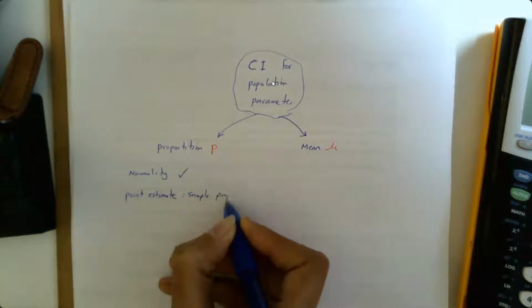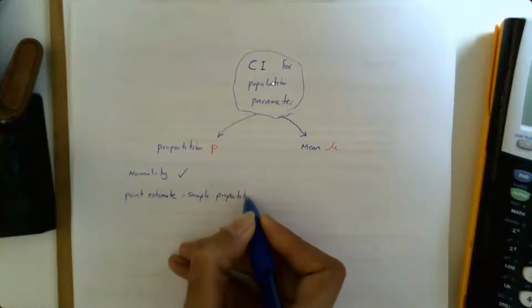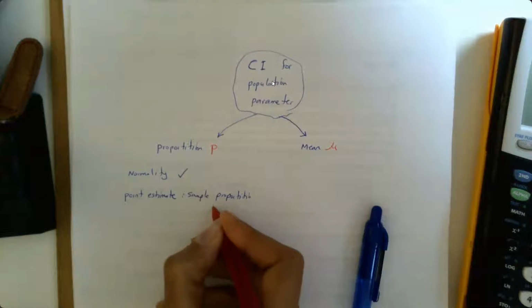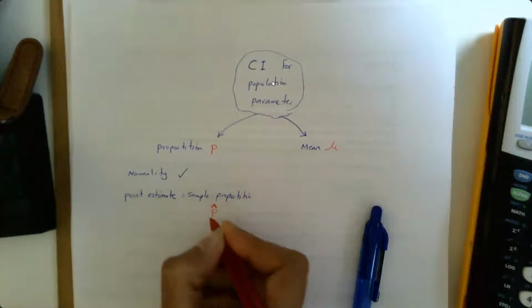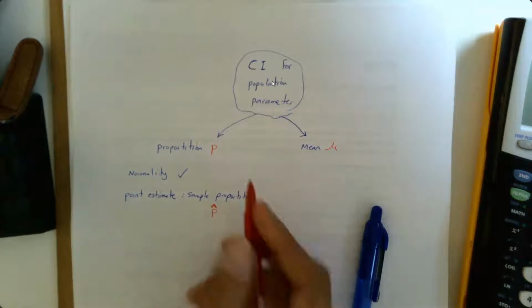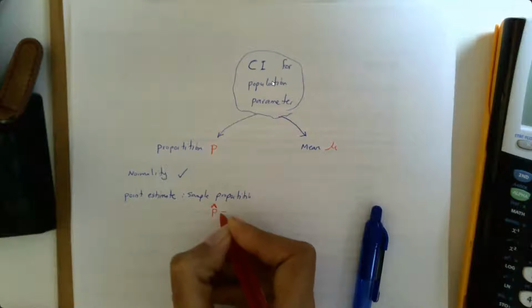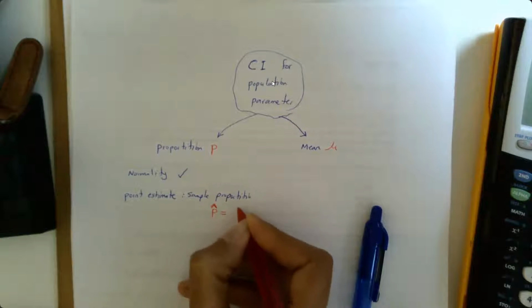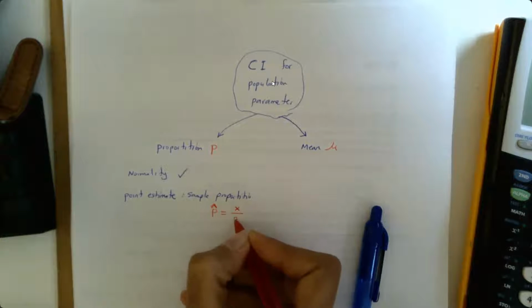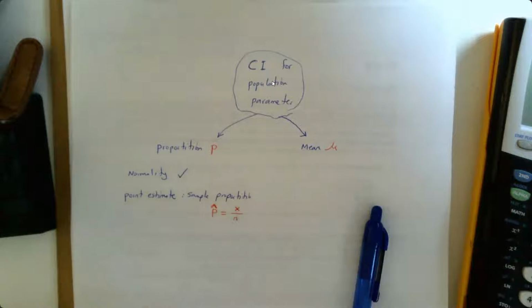For the sample proportion, we use P hat. If it's given to us, we don't have anything to calculate. If it's not given to us, we need to calculate the sample proportion by dividing X by N, the number of successes divided by the size.